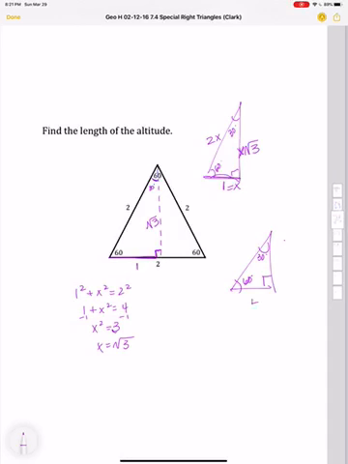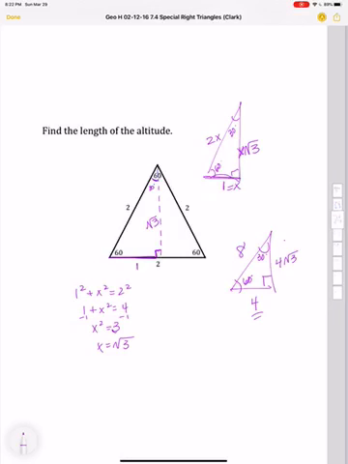So let's say this is 4. Then the hypotenuse is double. It's 2 times that. So this would be 8. And the altitude is 4 root 3. It's whatever this is times the square root of 3.